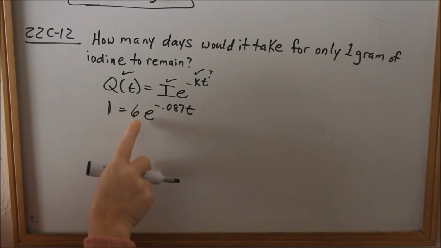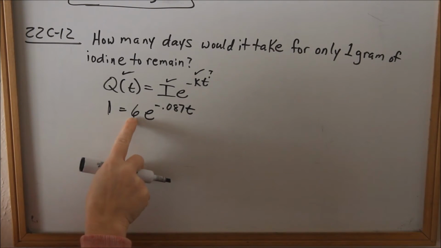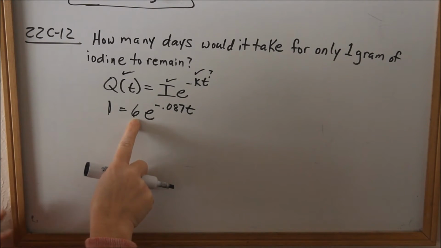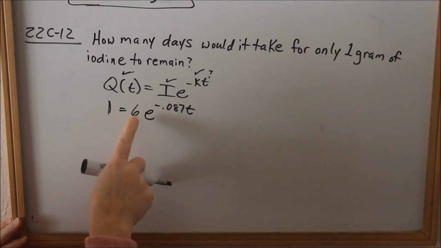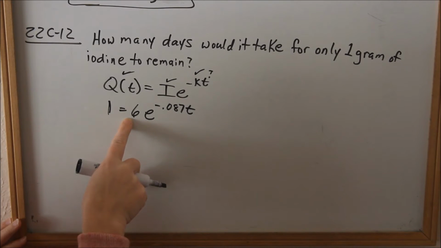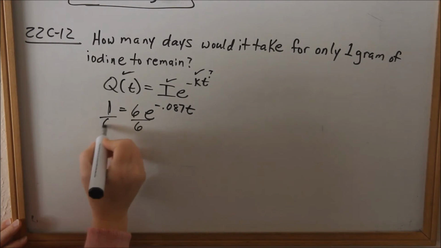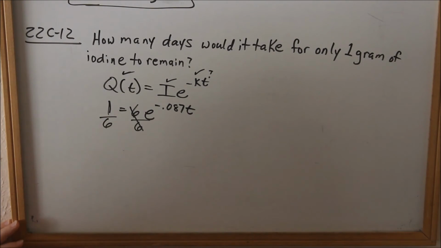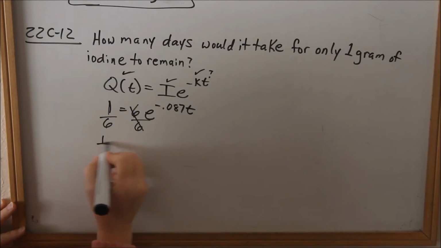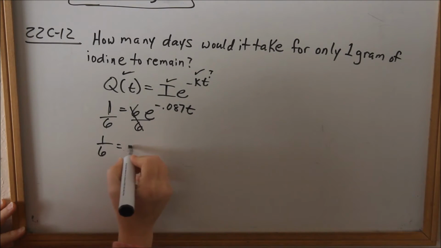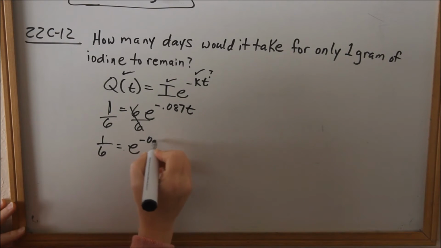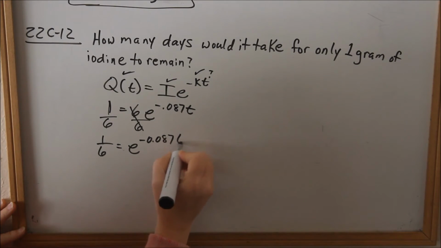First, before we do that, I'm going to tell you to get rid of this constant, this 6 in front of the e. It's easier to get rid of any coefficients in front of the e before taking the natural log of both sides. 6 is being multiplied to this, so to get rid of it, we divide it away. 1/6. I can put it into a decimal or leave it as a fraction. So now I have 1/6 equals e to the negative 0.087 t.